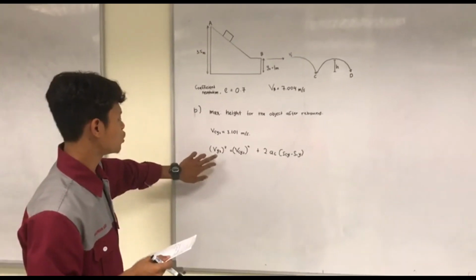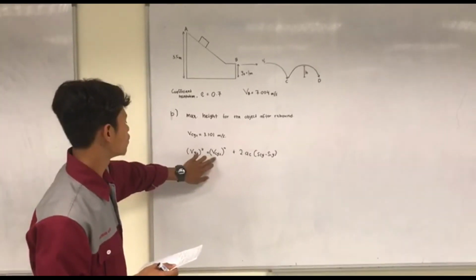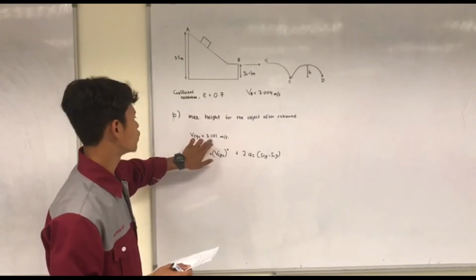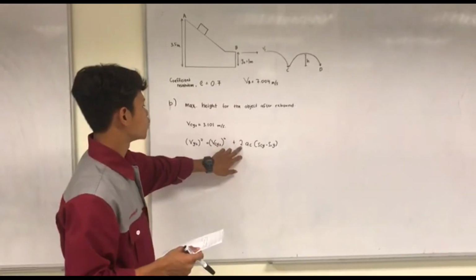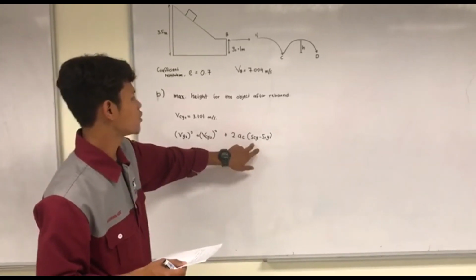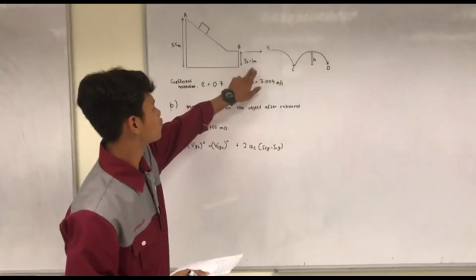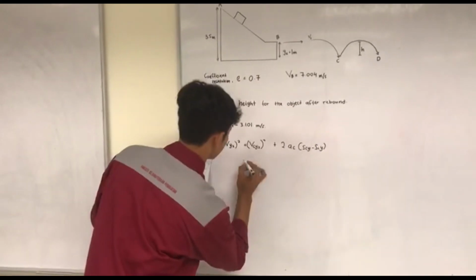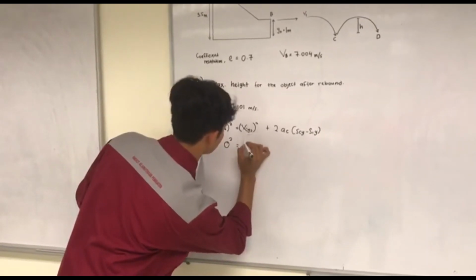We know that the value is 0, and we get the value 3.101 from question A, and 2 a_C is negative 9.81, and this is 0, and this is 1 from the height. So we calculate.